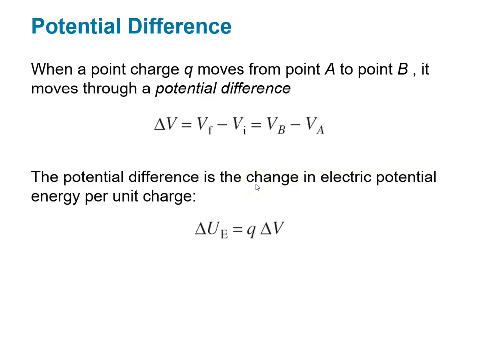When a charge moves from point A to point B, it moves through a potential difference, which is just the difference in potentials between points A and B. We can call that delta V, which means the change in potential. So the change in potential energy is equal to Q times delta V.